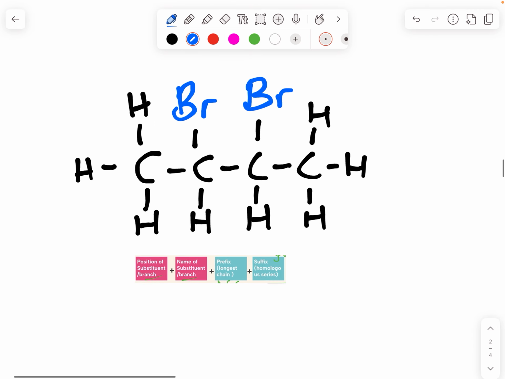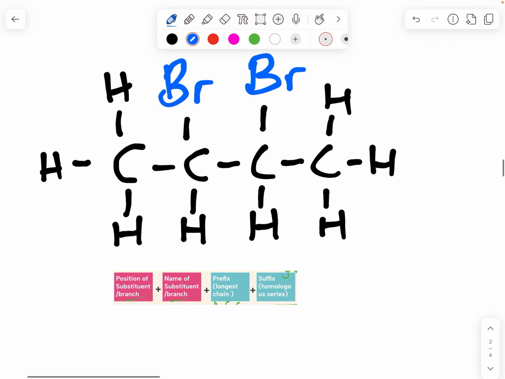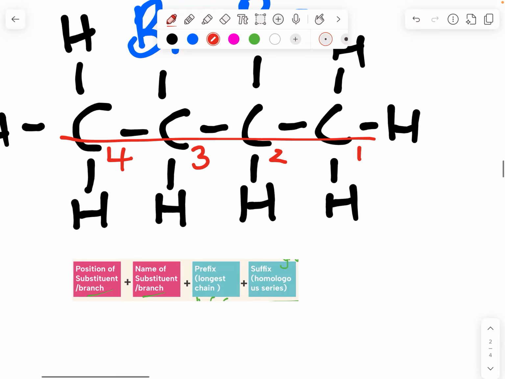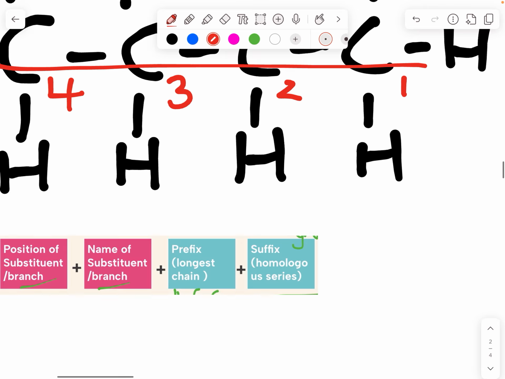We start with the longest continuous carbon chain. So for the longest one, it goes this way. So we have 1, 2, 3, 4 carbons. Now we need to do our suffix. For the suffix, of course, it's the homologous series, the functional group. In this case, we always see C single bond C, so it is ANE.